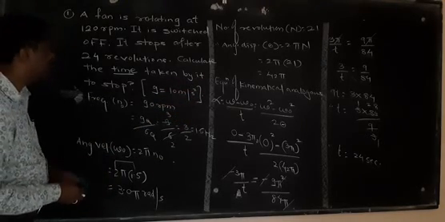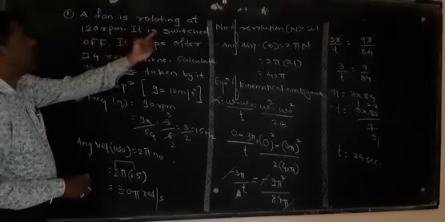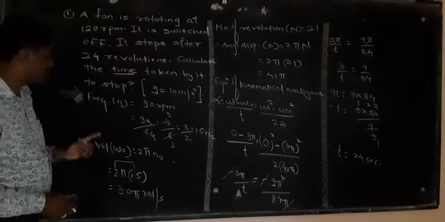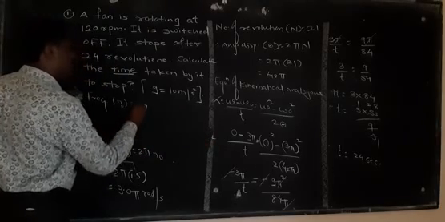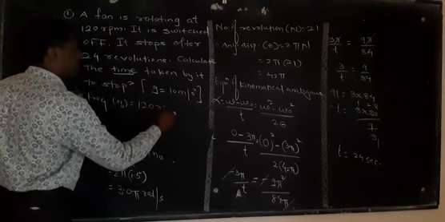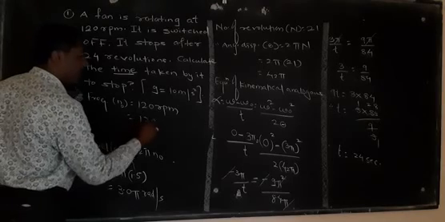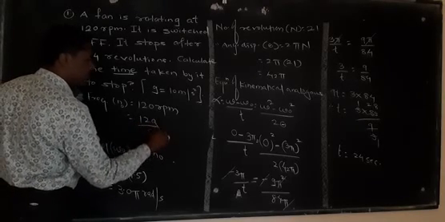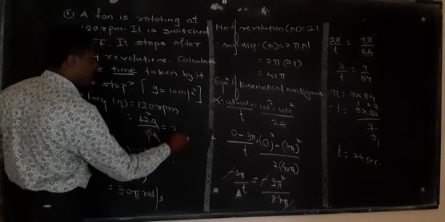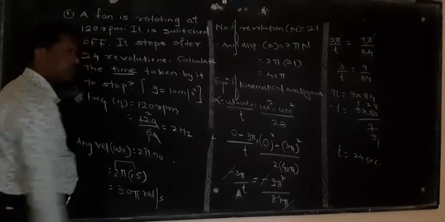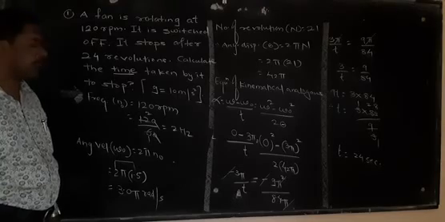Same things. What happens here? A fan is rotating at 120 RPM. So the frequency is 120 upon 60. The 10s get cancelled. 6 1s are 6, 6 2s are 12. It is 2 Hertz. Frequency is measured in Hertz.